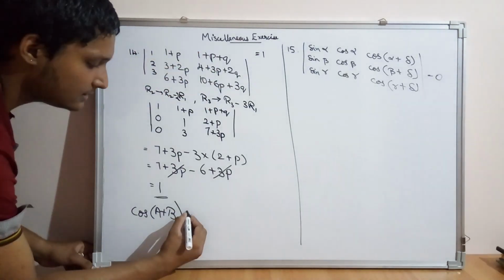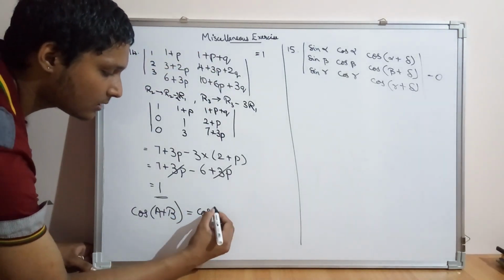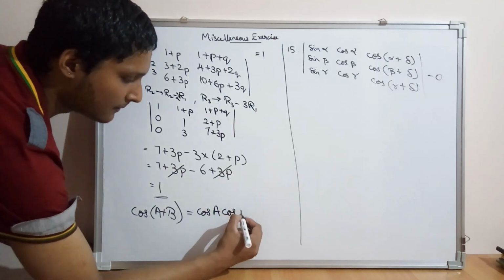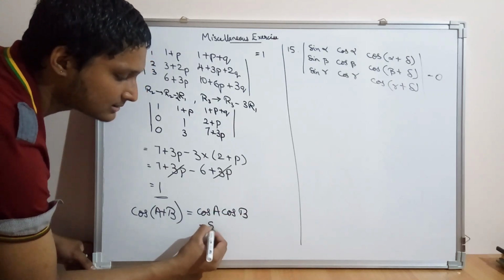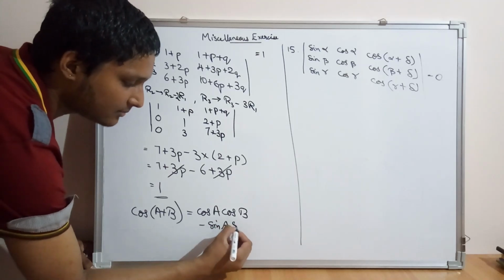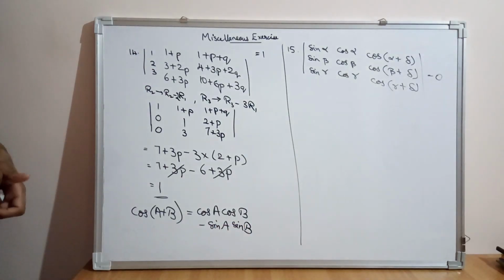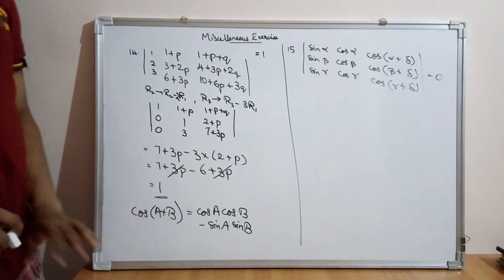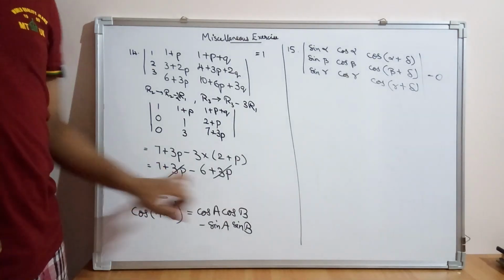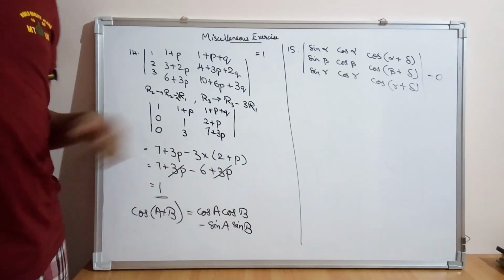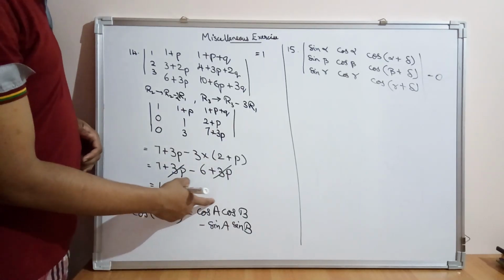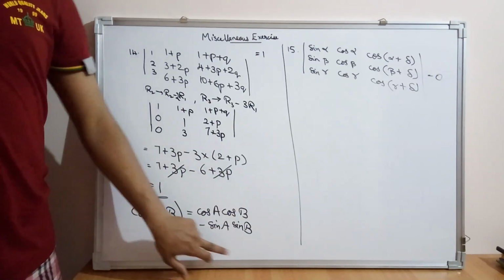So cos of a plus b is the same as cos a cos b minus sin a sin b. So this much we got. So we have cos a and cos b. If it was alpha and delta, this would be cos alpha cos delta minus sin alpha sin delta.